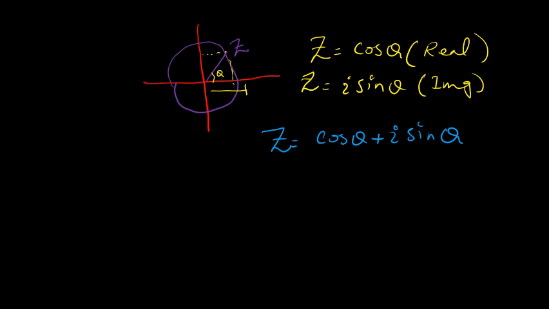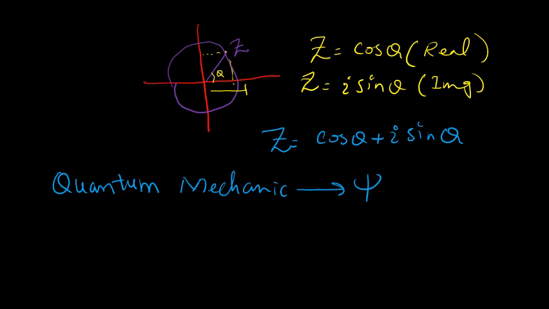Complex numbers are used in electromagnetism, and sometimes in classical mechanics as well. Now we come to quantum mechanics: how we can use complex numbers in quantum mechanics. In quantum mechanics we have the dynamical variable psi, and psi is a complex number.